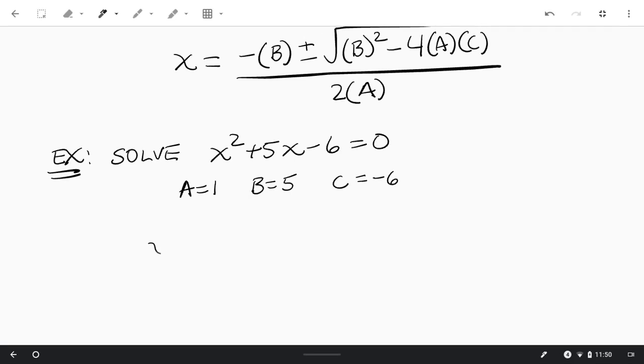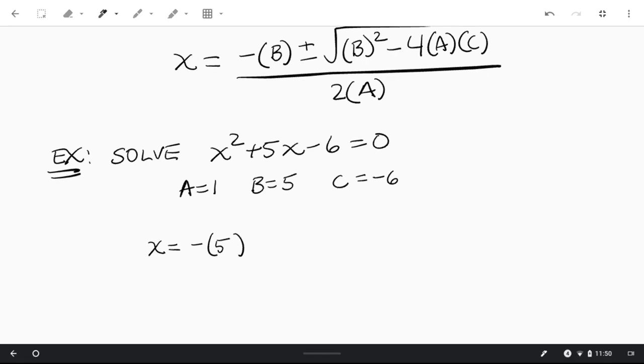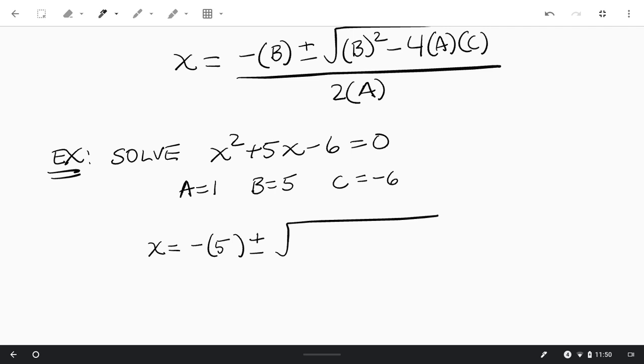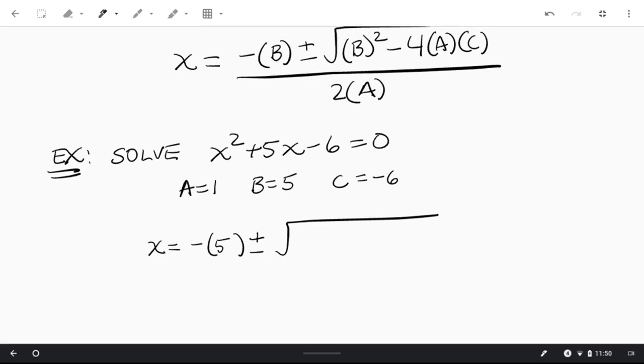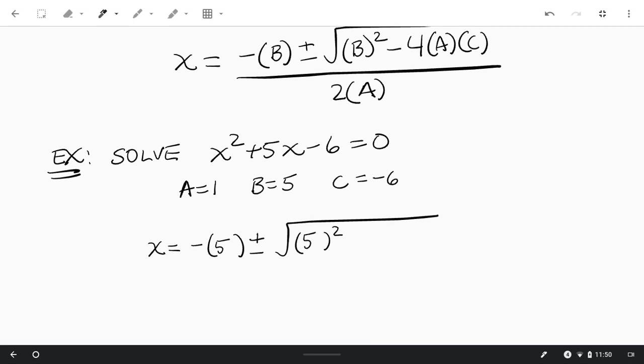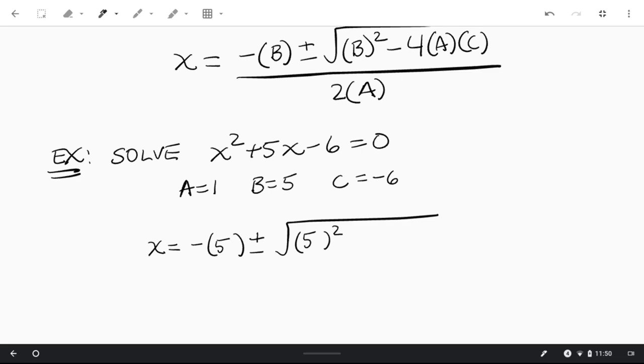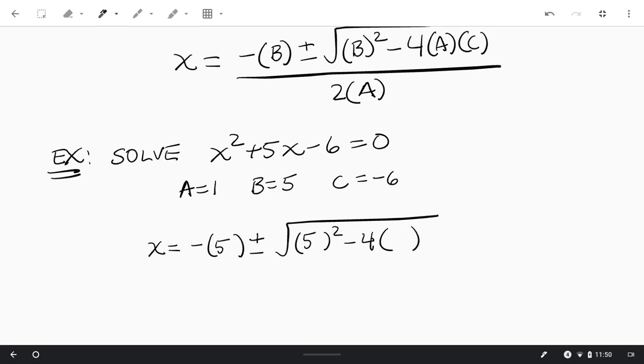According to the formula, x is equal to negative b. b is 5, so we'll place 5 inside there. Plus or minus the square root of b squared. Again, b is 5, so inside here we'll put a 5. And then minus 4 times a.